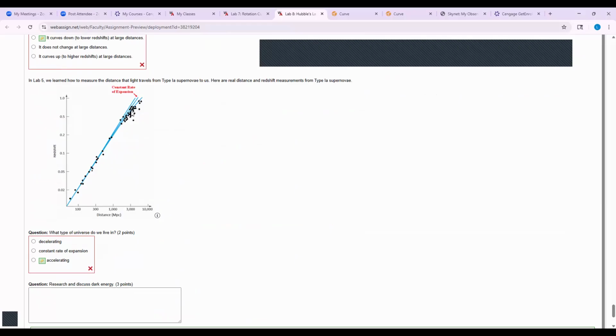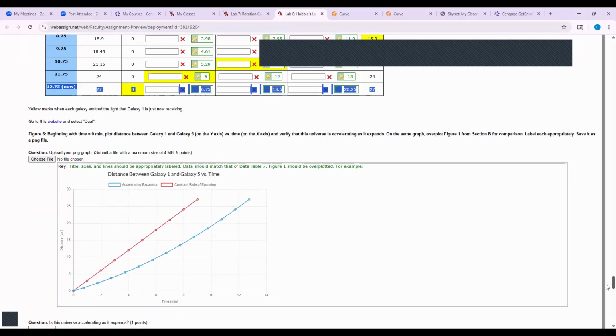But as you see, this is the data showing the actual experiment on the universe. As you see, most of the points are on the lower side of the middle line. And that shows that the universe is accelerating. Why can we say that? Because as you see in this experiment, when they are accelerating, most of the points are lower than the constant rate.